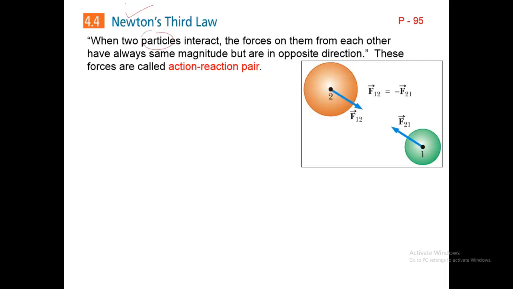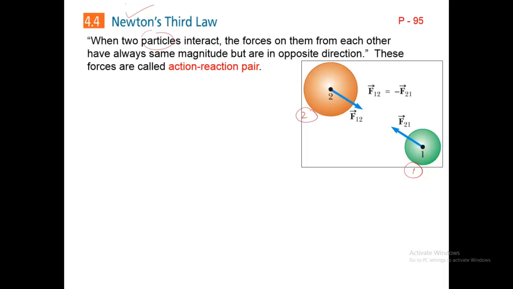So when two objects or particles interact, the forces on them from each other always have the same magnitude but opposite direction. You see, you have two objects. This is object number one and this is object number two.